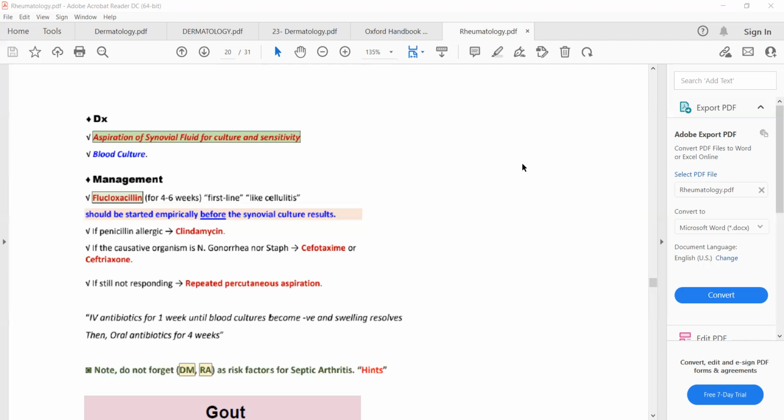So if the patient does not respond to antibiotics alone, then we'll do repeated percutaneous aspiration. Usually, IV antibiotics are given for 1 week until the blood cultures become negative and swelling resolves. Then the patient can be shifted to oral antibiotics for 4 weeks.